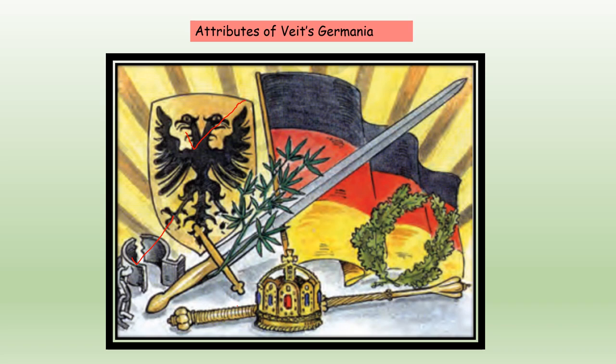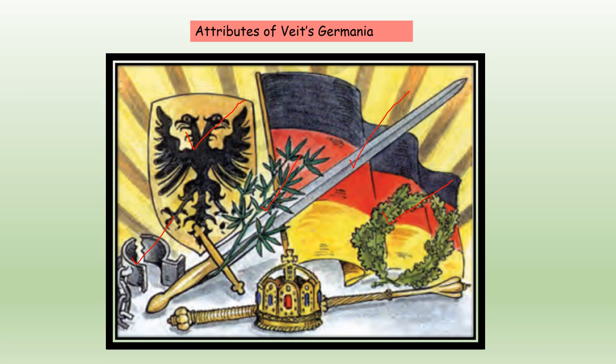This talks about the symbol of the German Empire or the strength of the German Empire. Now let's go to the crown made of oak leaves. This talks about heroism. Let's take the sword now. This talks about the readiness to fight. And now let's look into the olive leaves found on the sword. That talks about the willingness to make peace.